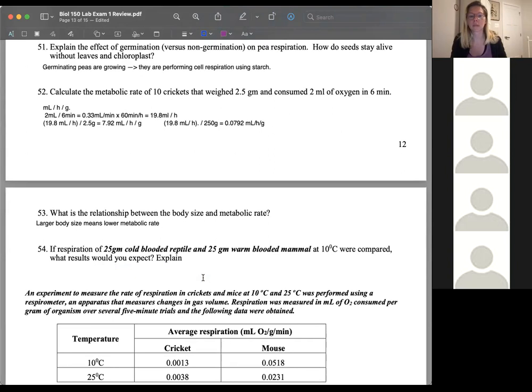Endotherms will have a higher metabolic rate. Really what we're comparing here are an endotherm, the mammal, and an ectotherm, the reptile. And the mammal is always going to have a higher metabolic rate because it has to generate its own body heat to create that homeostatic environment inside.